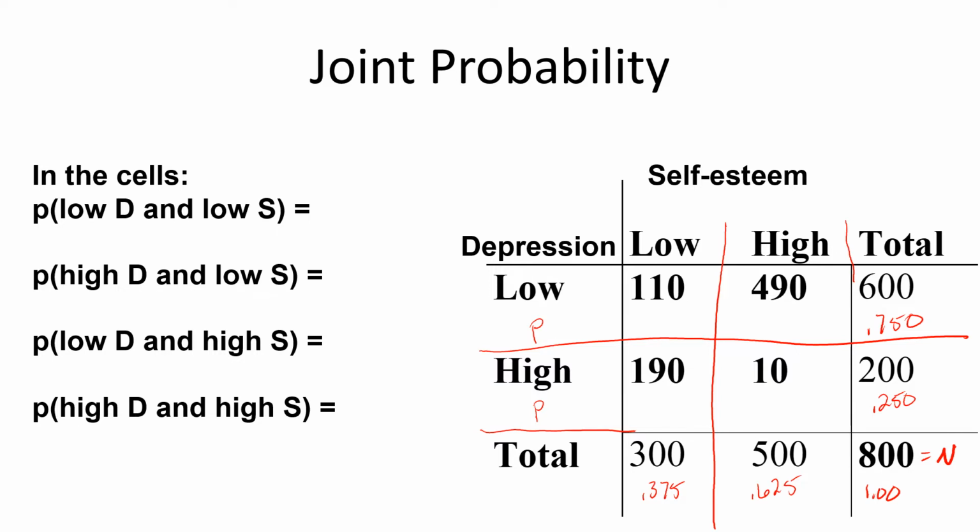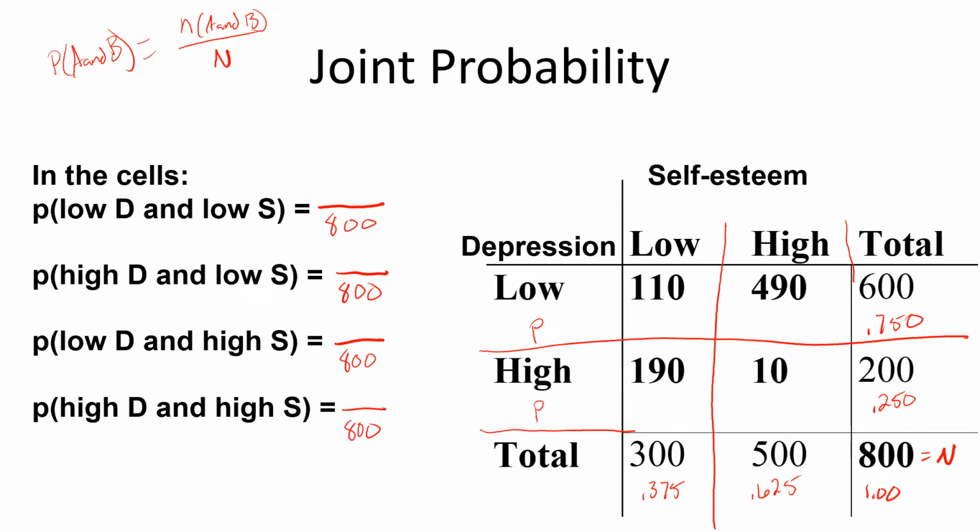But you'll recall the probability of A and B is equal to the number of A and B divided by our big N. So in all of these cases, we're going to be dividing by our big N, which is 800, our grand total, our N. So in all 4 cases, we are dividing by the total.